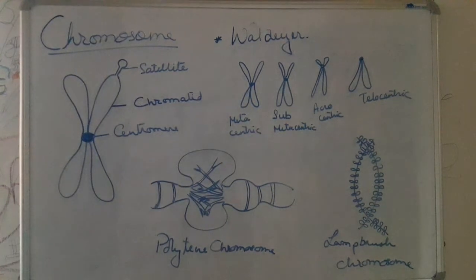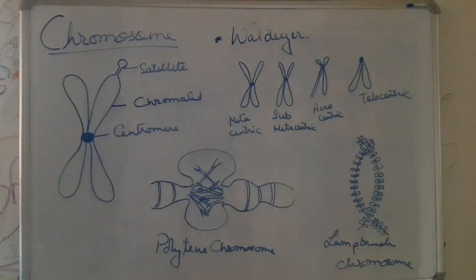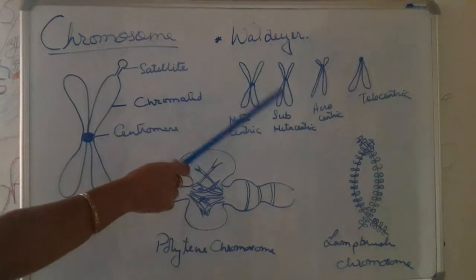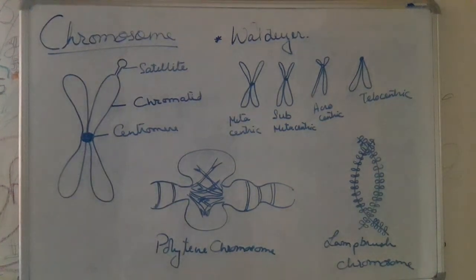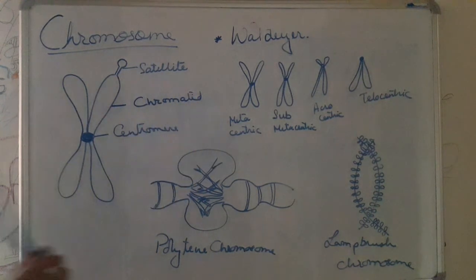In submetacentric, the centromere is submedian, that means it will be present at about the 1/4 position. In acrocentric, the centromere is towards the end, and in telocentric, the centromere is at the tip portion. So we find four types of chromosomes: metacentric, submetacentric, acrocentric, and telocentric.